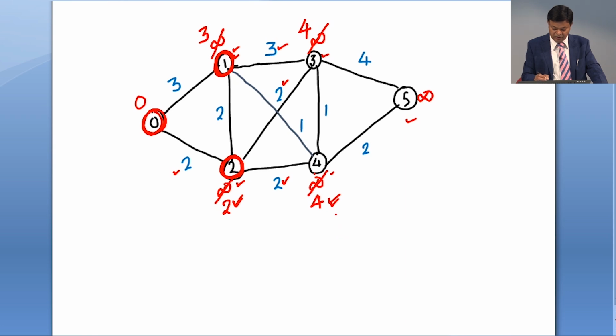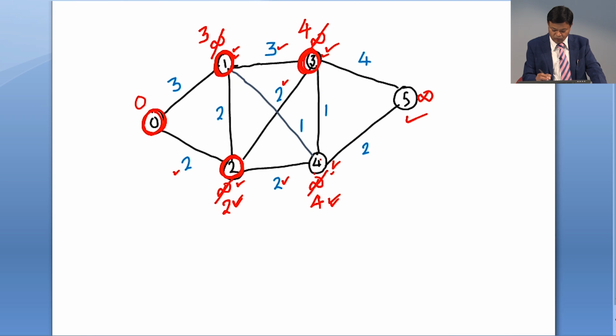Next stage, what is our next stage? Now we have nodes 3, 4 and 5. Which one has the shortest distance? I may select 3 also, I may select 4 also. Let me select 3. So distance up to 3 is 4.